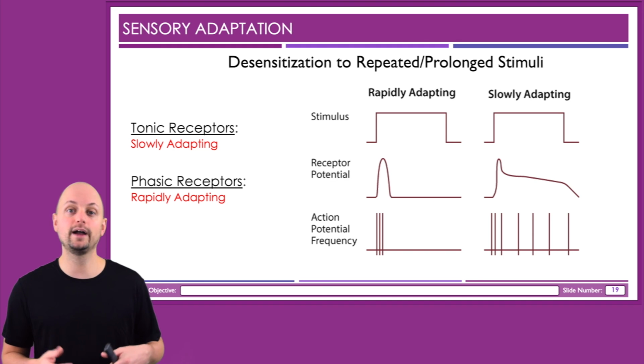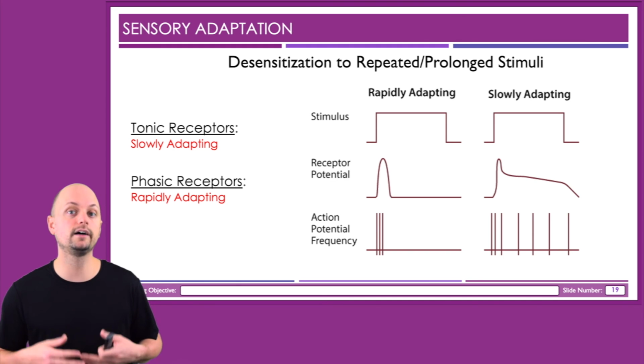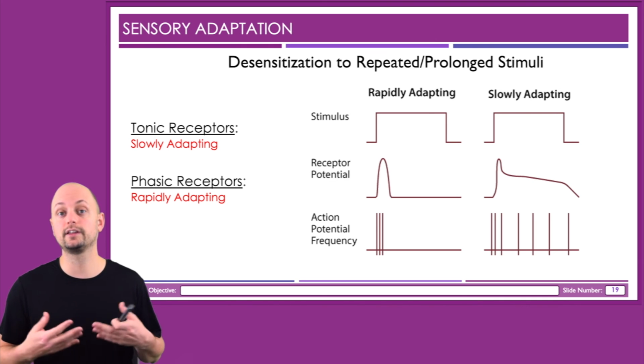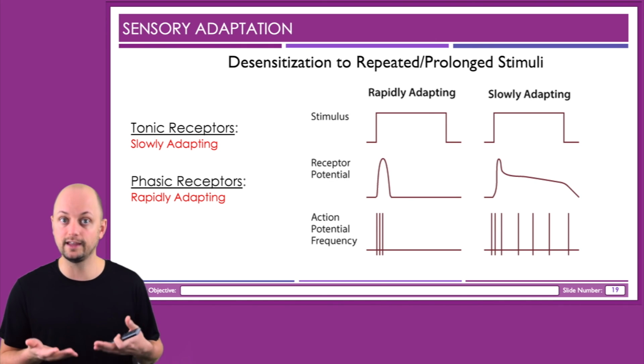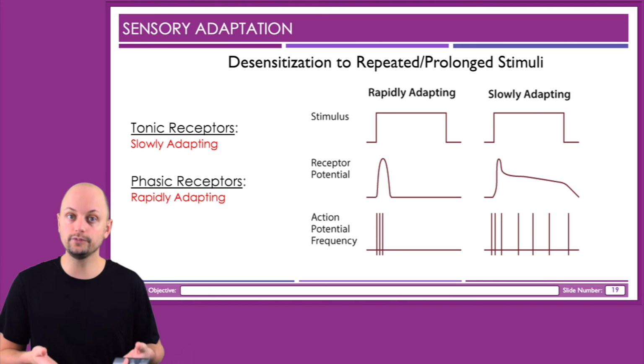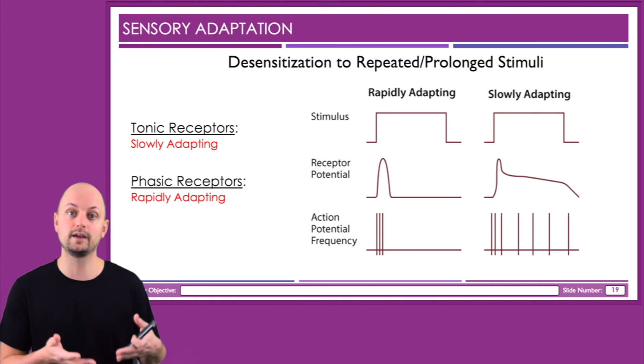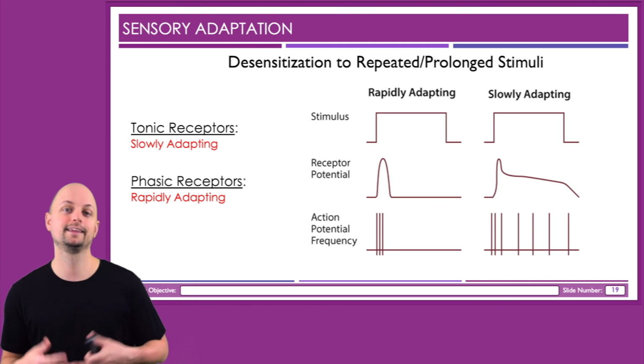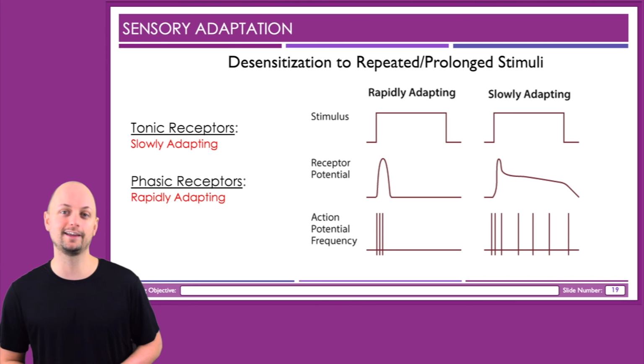So if you have an intense pain stimulus, you'll continue to get a lot of receptor potential from the nociceptors, and you'll continue to have high frequency action potentials being delivered into the primary somatosensory cortex through the anterolateral pathway. And again, we'll talk about that path when we're together in class.